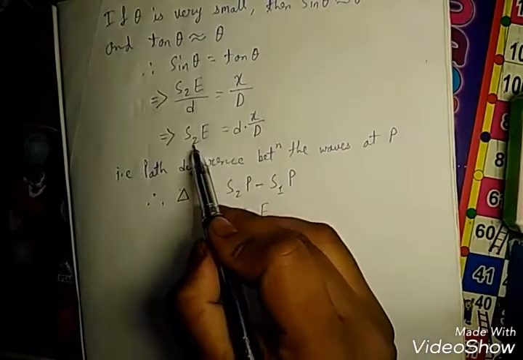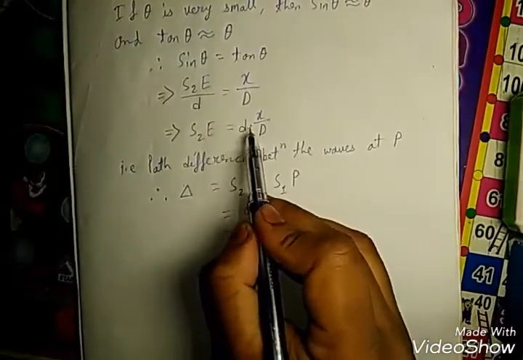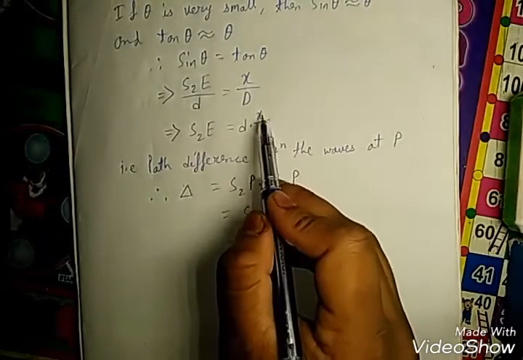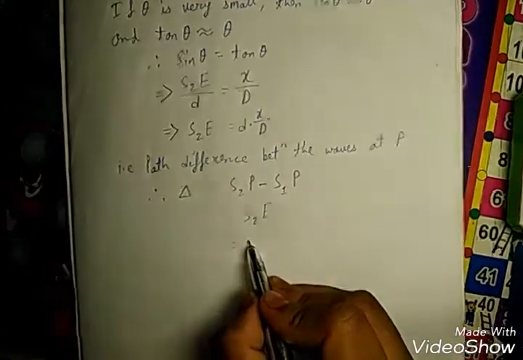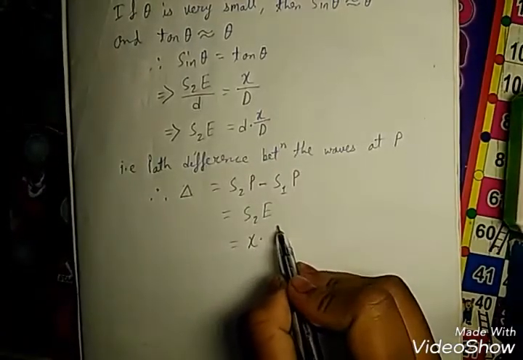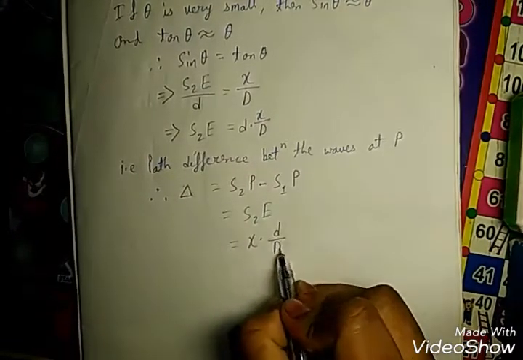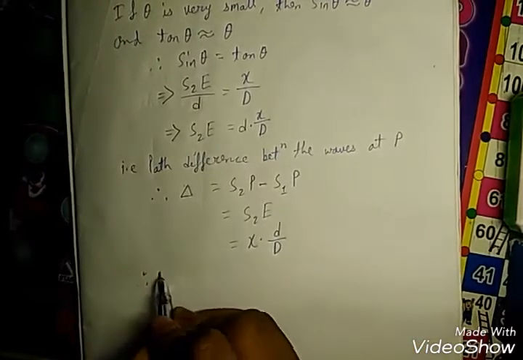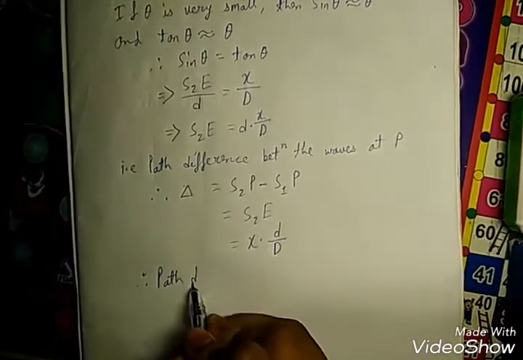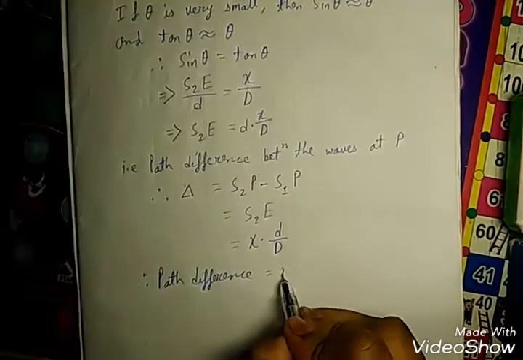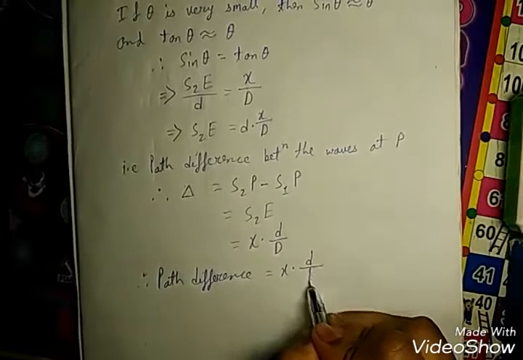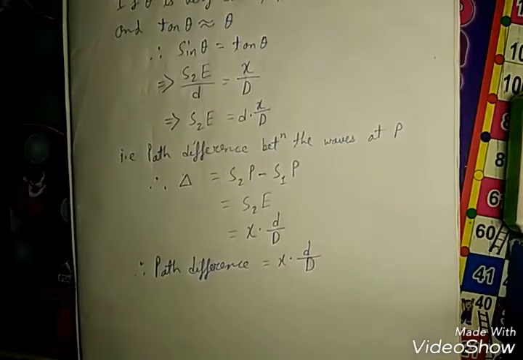Again S2E is equal to d into x by capital D. We can write it as x into small d by capital D. Therefore the path difference is equal to x into small d by capital D.